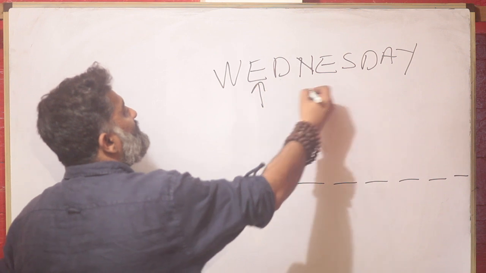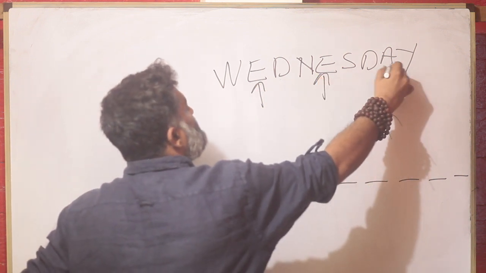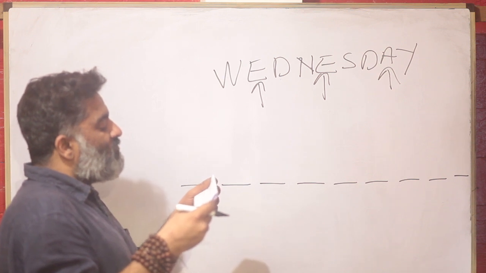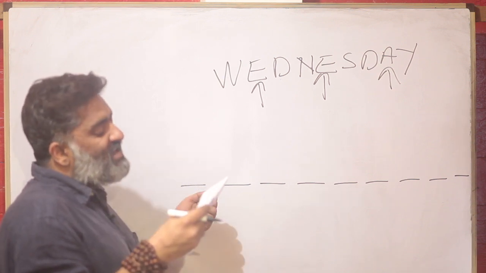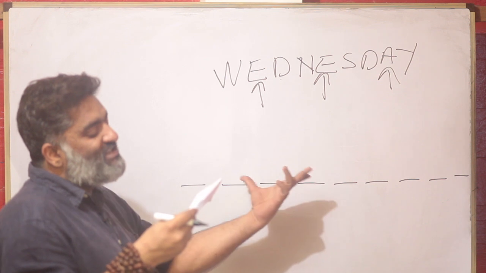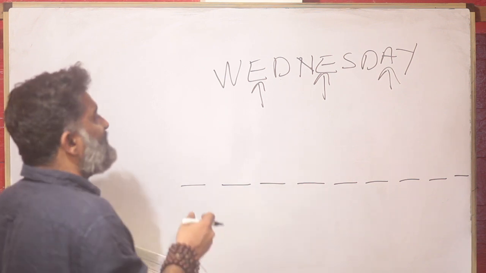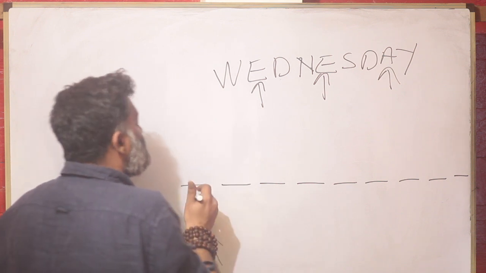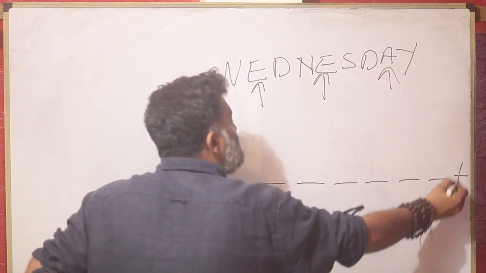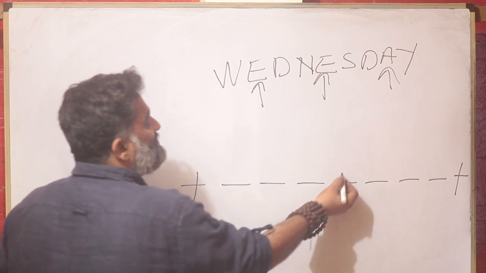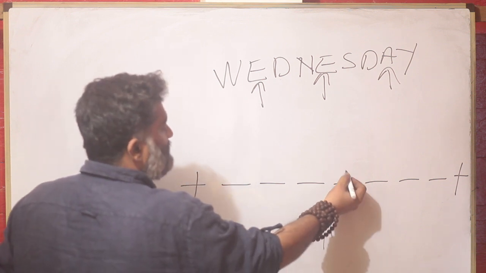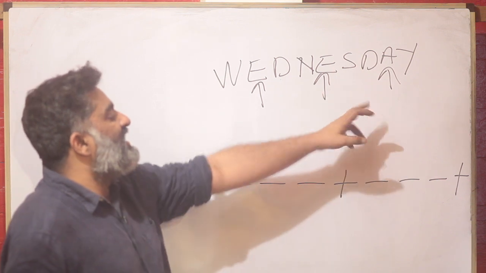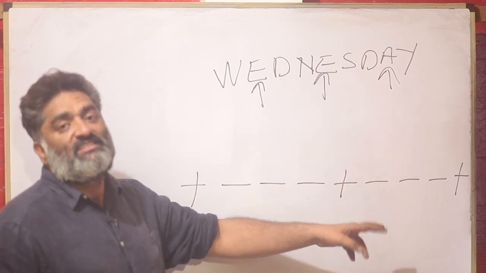This is a vowel, this is a vowel, and this is a vowel, are at the 2 extremes and the middle of the arrangement. So these vowels, E, E and A, can only take the extreme positions and the middle position. So E, E and A are supposed to go into these 3 slots.